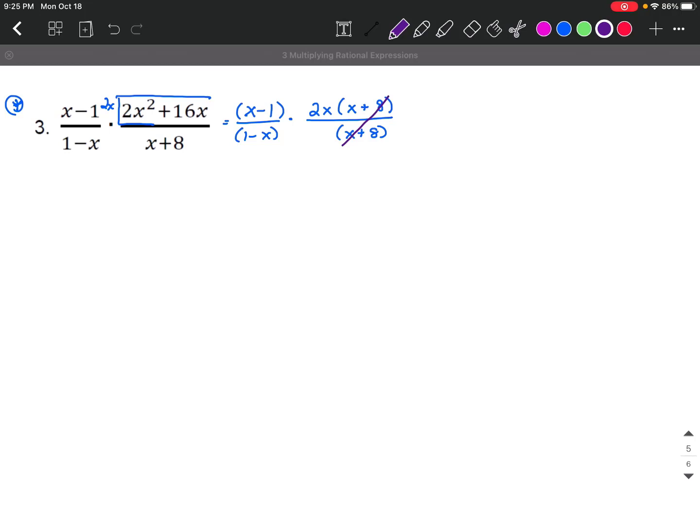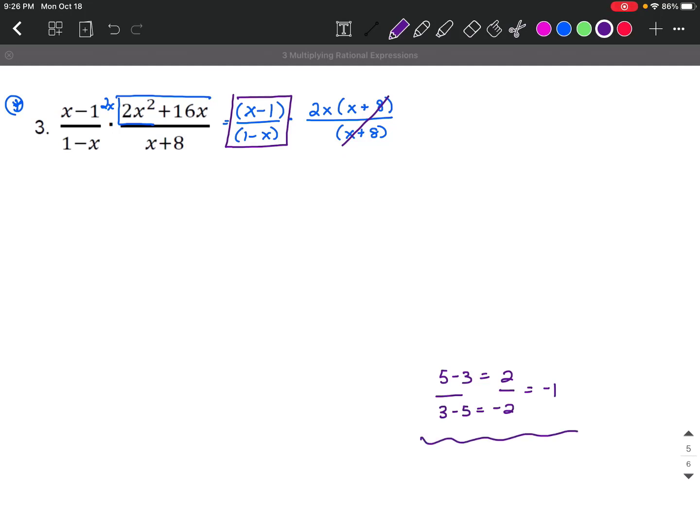Now what I want to talk about for a minute is this x minus 1 over 1 minus x. When you switch around subtraction, there's an interesting thing that happens. I want you to think 5 minus 3 is 2, right? Now if I switch around the subtraction and do 3 minus 5, that's negative 2. And if we divide them, we would get negative 1. If you switch around subtraction, you will always get negative 1.